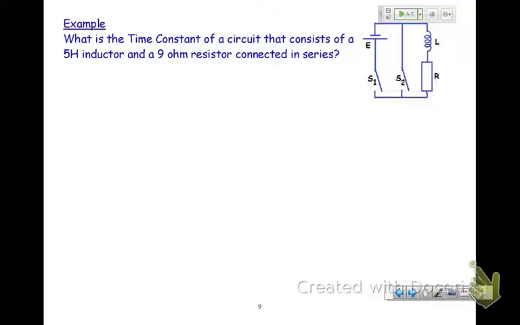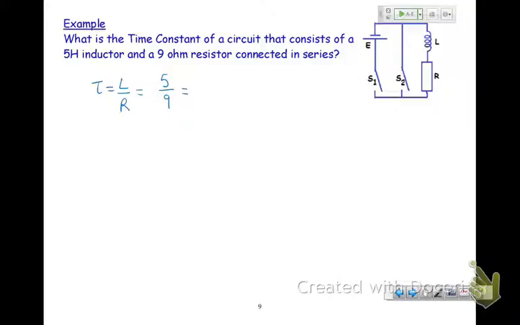So let's do a little bit of calculations on this. What would be the time constant? Tau is equal to L over R. This is going to be a 5 henry inductor, and this would be a 9 ohm resistor.